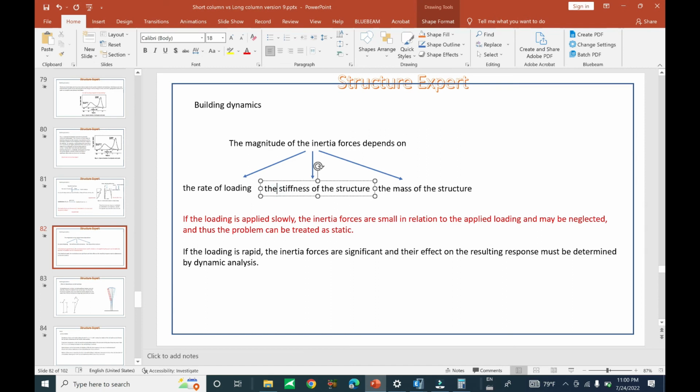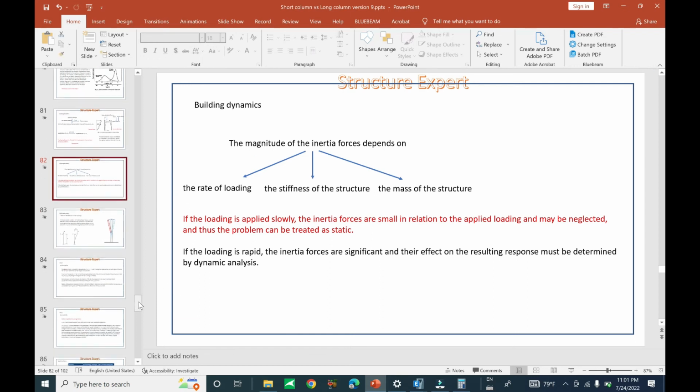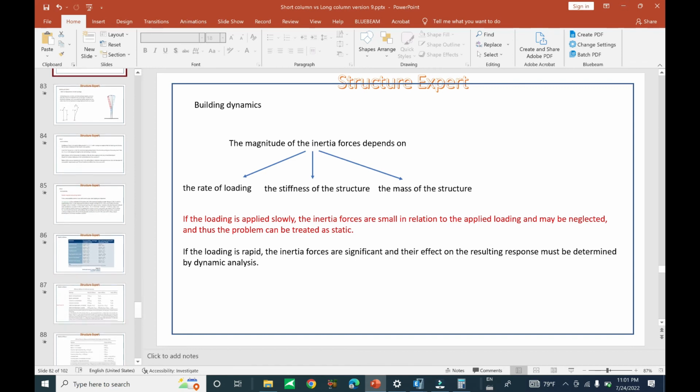Stiffness can be increased by increasing the section of flexural members, or adding more walls or shear walls. The rate of loading we can reduce naturally for the building; you can add a damper to reduce the amplitude of the seismic overload.